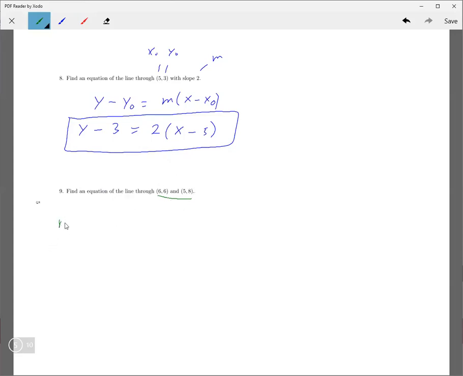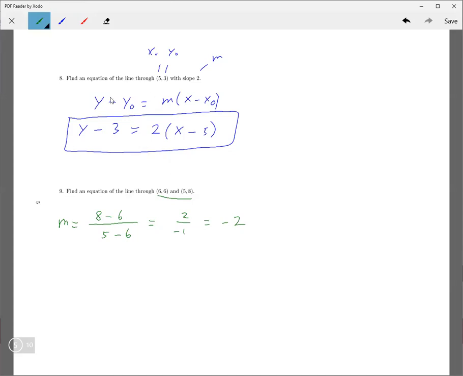So let's take that's 2 and that's 1, the difference in the y coordinates divided by the difference in the x coordinates. So 8 minus 6 over 5 minus 6. That's 2 over -1, which is -2. So the slope is -2.